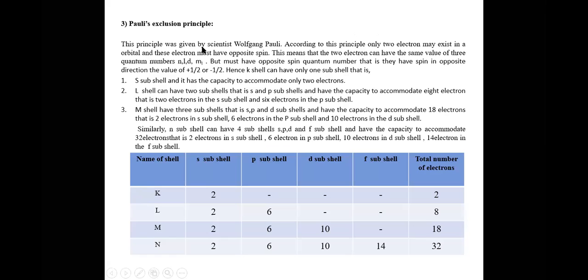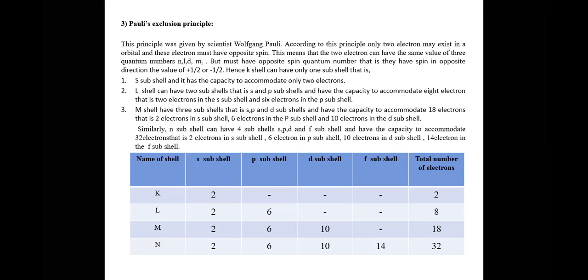This principle was given by the scientist Wolfgang Pauli. According to this principle, only two electrons may exist in an orbital, and these electrons must have opposite spin. We have to fill only two electrons in each orbital.